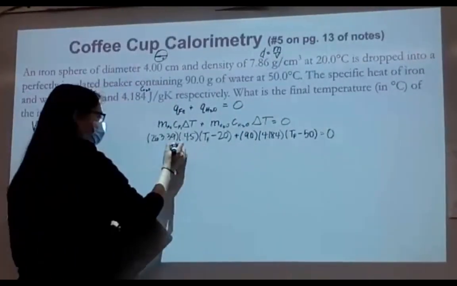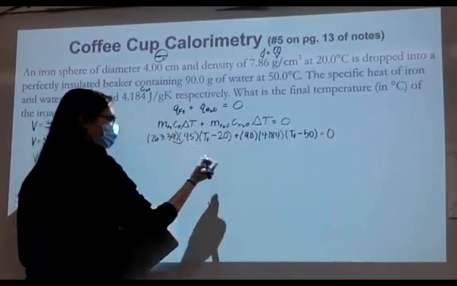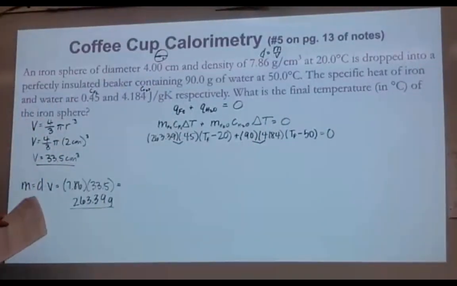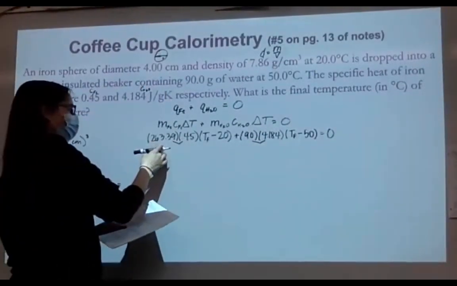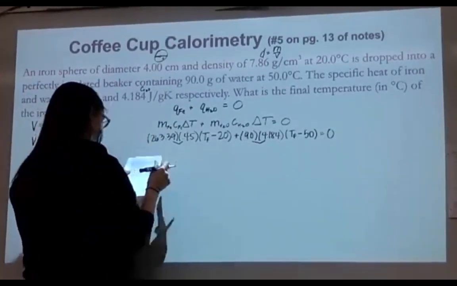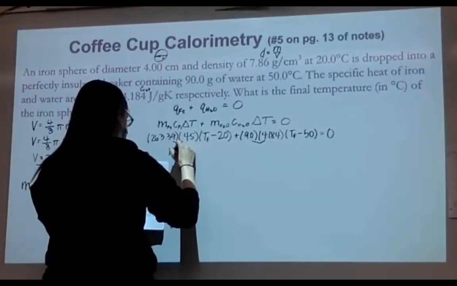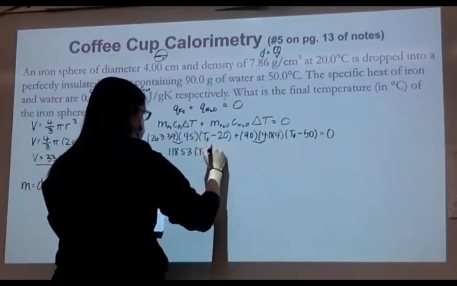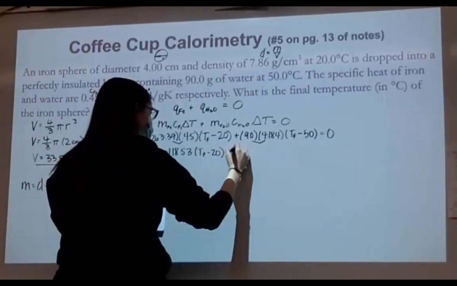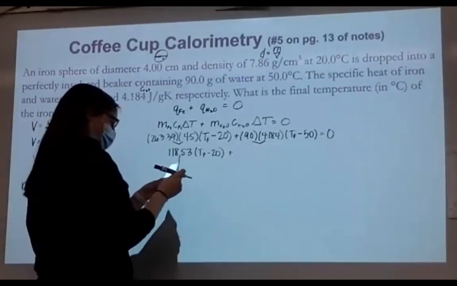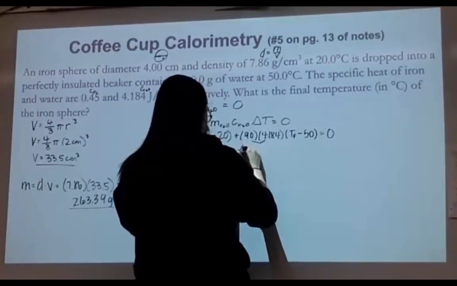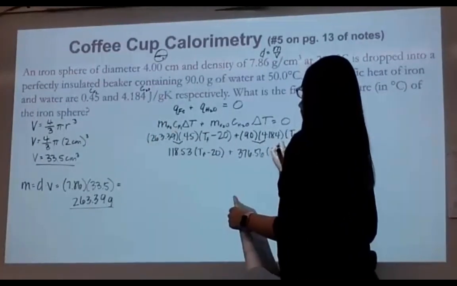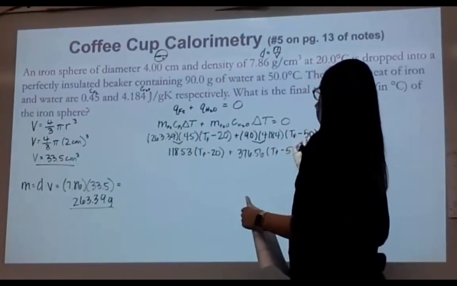But I started by multiplying what I could multiply. So I did 263.39 times 0.45. Got 118.53 times TF minus 20. I did 90 times 4.184, 376.56 times TF minus 50.